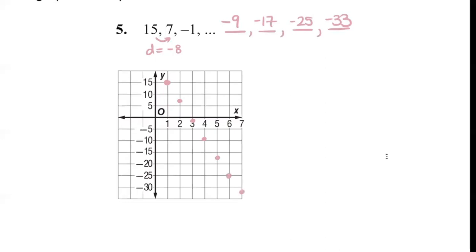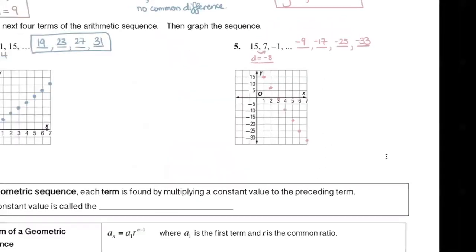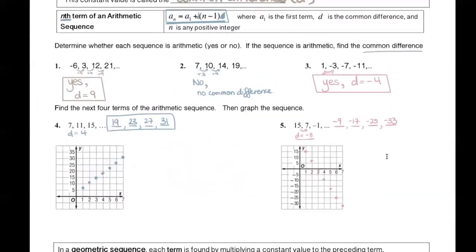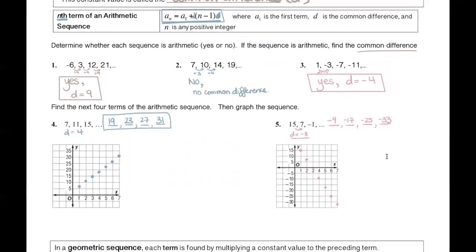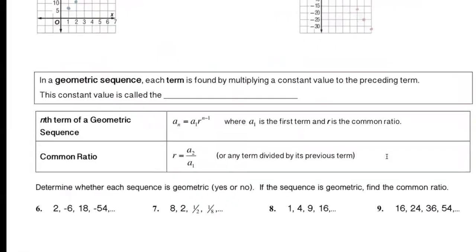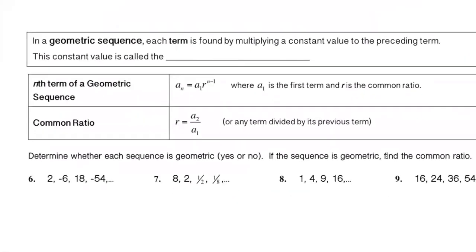So as you can see, this gives you another linear plot, which by the way has a slope of -8. Okay, good job, guys. All right, so that is your arithmetic sequence. Well done.